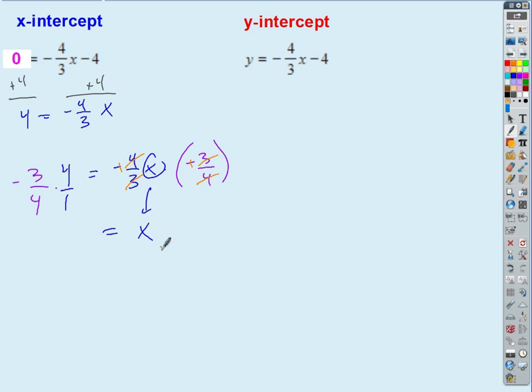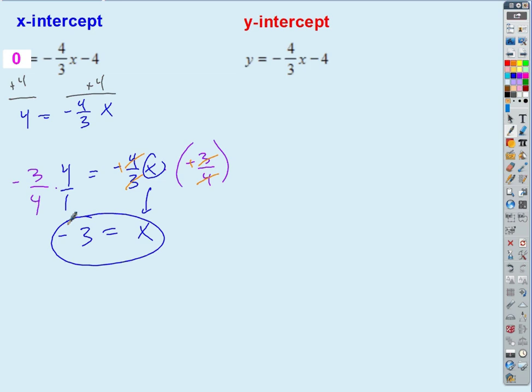What about on the left side? I could either cross cancel, or multiply straight across. Negative 3 times 4 is negative 12 over 4, which reduces to what? Good, so I'm going to get negative 3 for x, right?